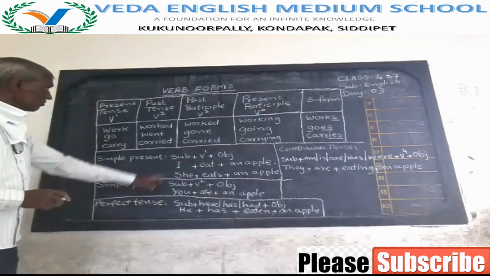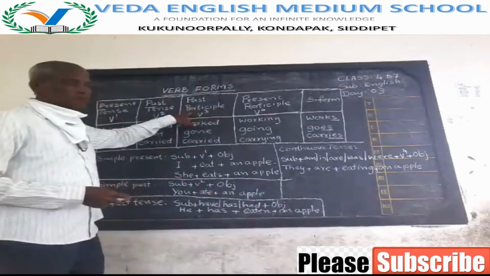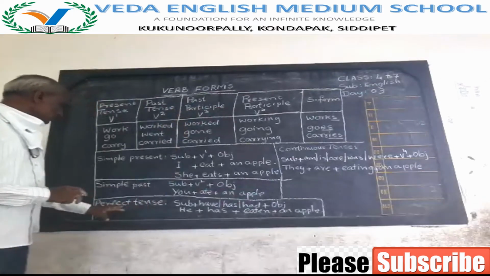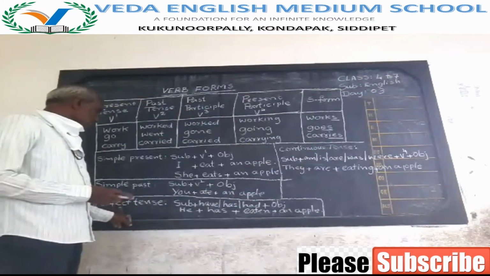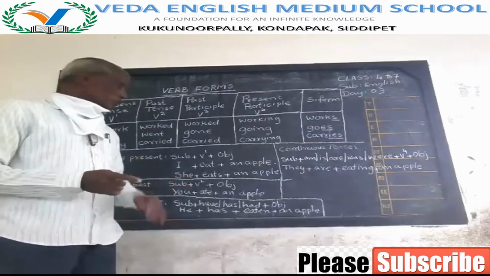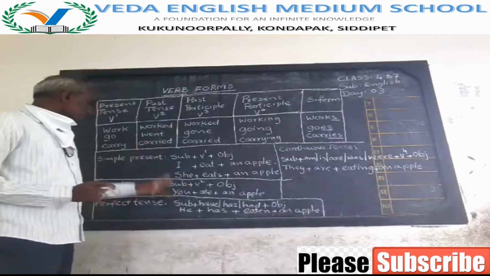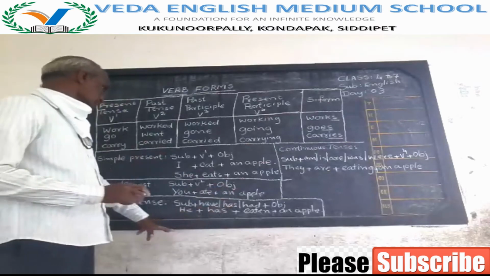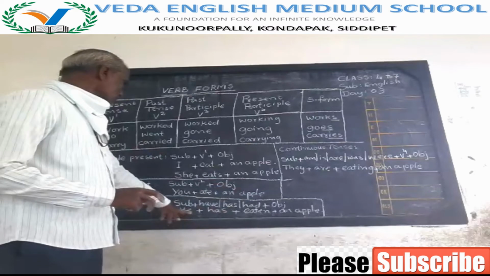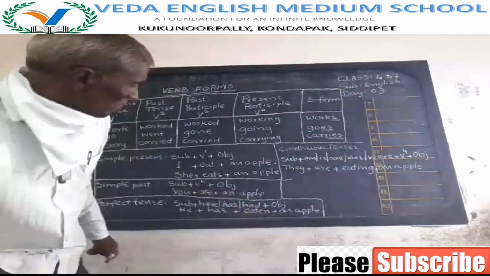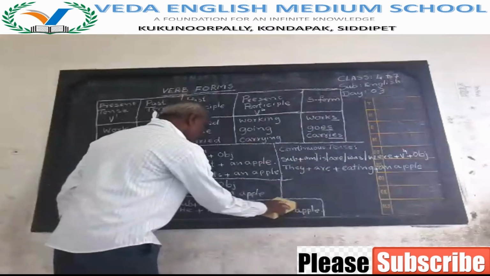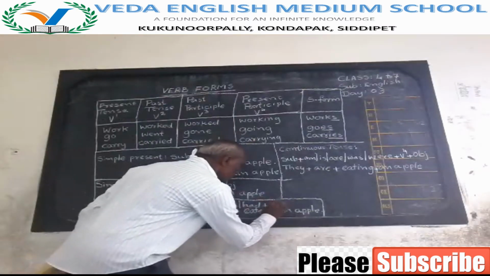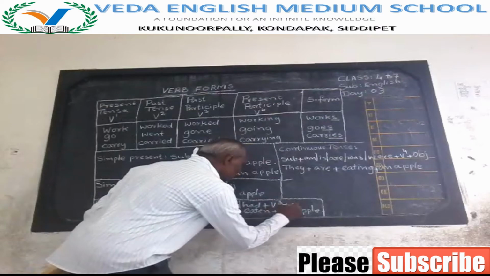So here we have past participle V3. V3 we use in the perfect tenses. In all perfect tenses we use V3, with have forms plus V3 plus object.